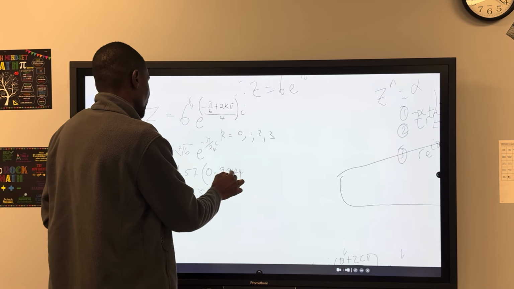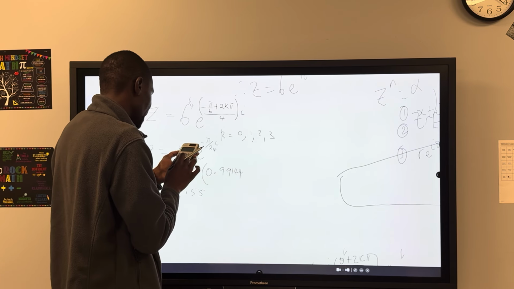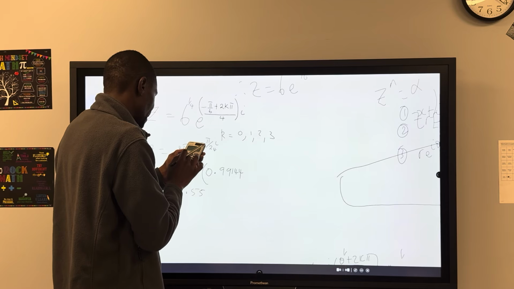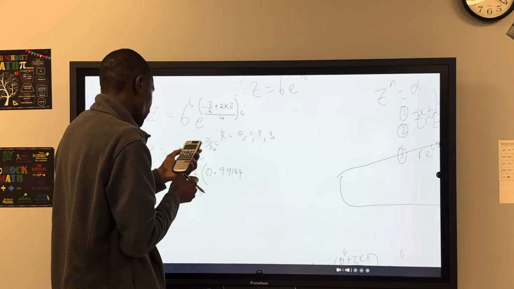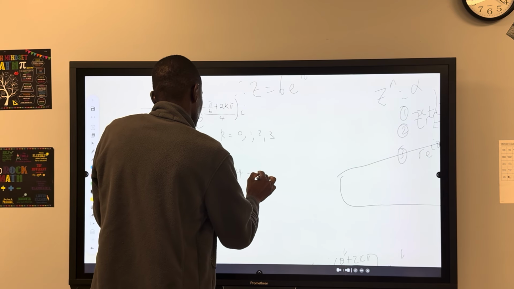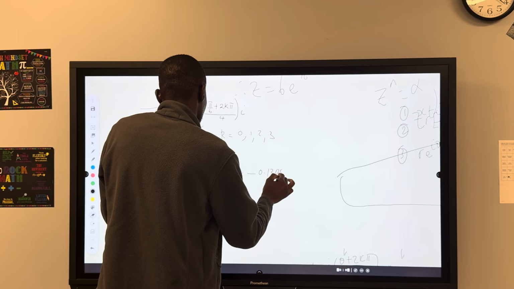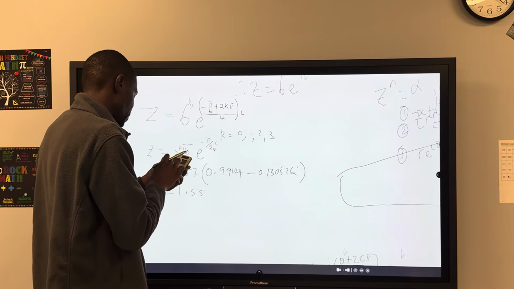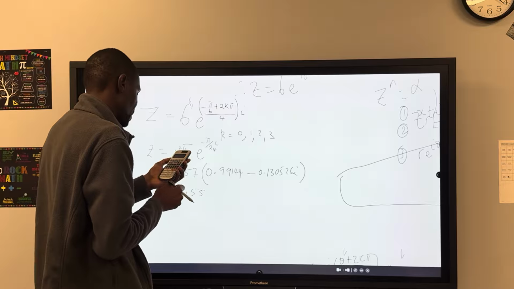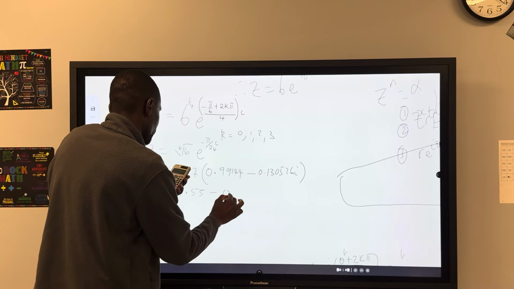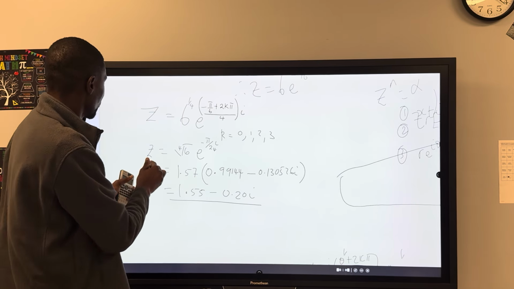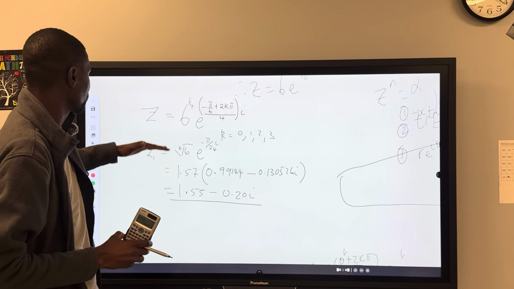Then for sine, if I say sine negative pi over 24, minus 0.130526i. If I multiply that by 4th root of 6, I'm getting minus 0.20i. So this is the first root here.